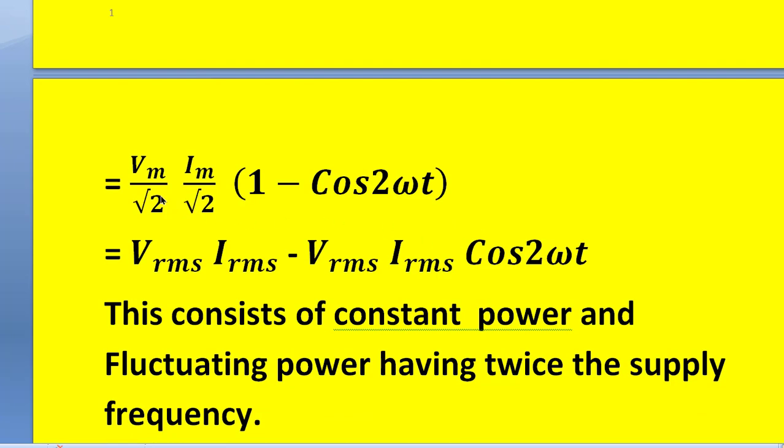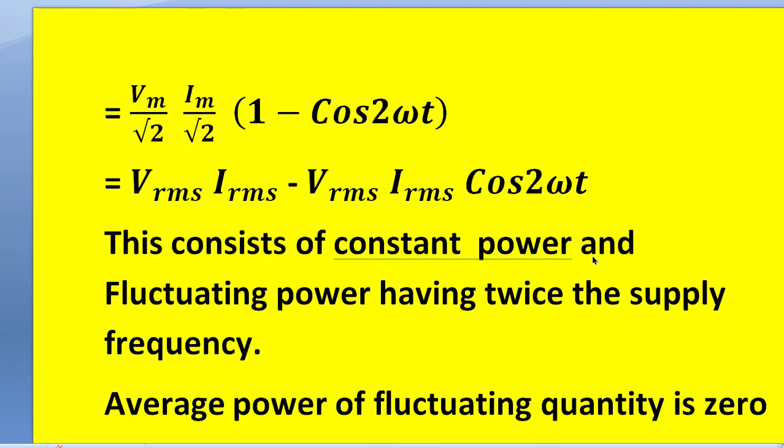For a sinusoidal wave, Vm by root 2 and Im by root 2 become RMS values. Vm by root 2 means Vrms, Im by root 2 means Irms. When we expand this, we get Vrms Irms minus Vrms Irms cos 2 omega t. If you look at this, we have one constant term and the other is a fluctuating quantity.